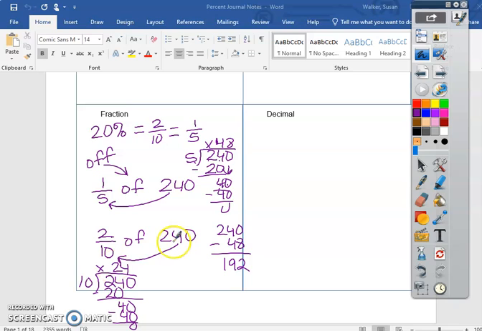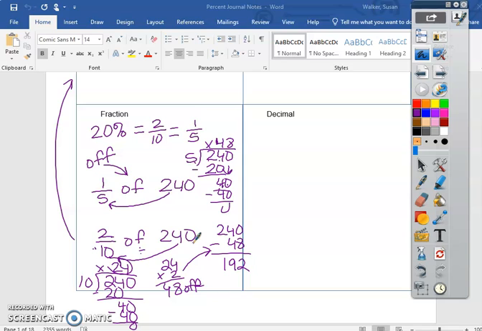So notice when I divide, I get 24, but I have 2 parts. Remember our model above? There were 2 parts that had 24. So this relates to the model we had up there. So I would do 24 times 2 to give me 48, which is the off that I then subtract. Okay, and I get 192.